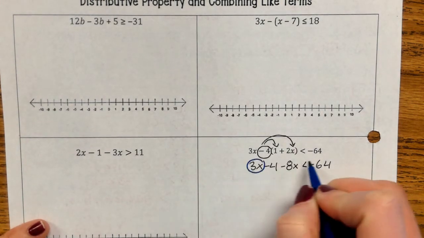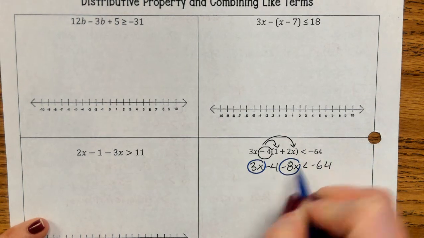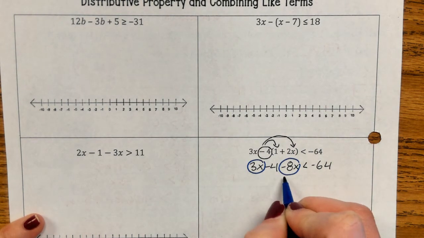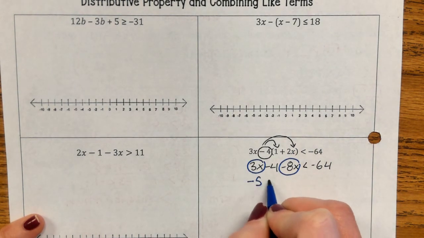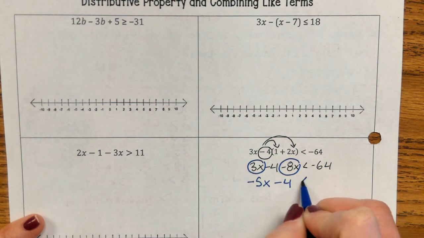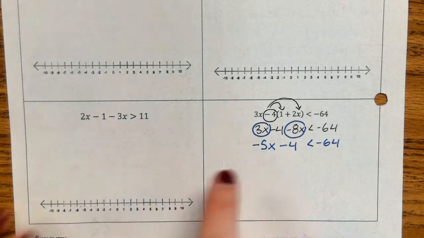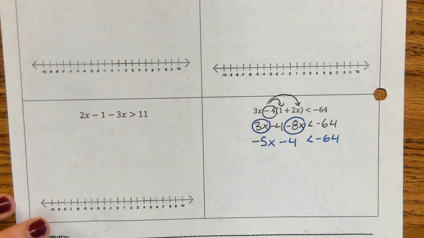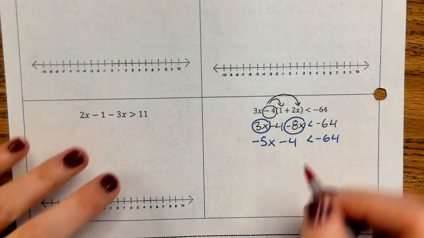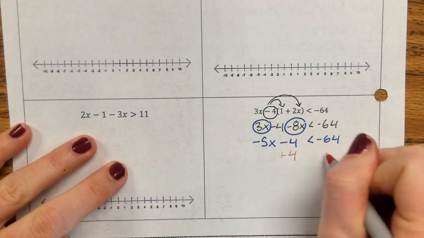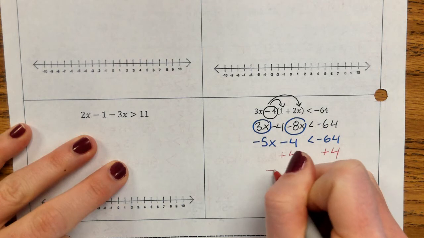Then you can combine like terms. 3x minus 8x is negative 5x. And then this, once we've simplified it, is the same thing we were doing on the front. So we'll add 4 to both sides of the inequality.